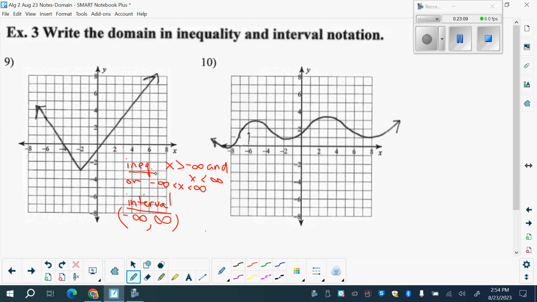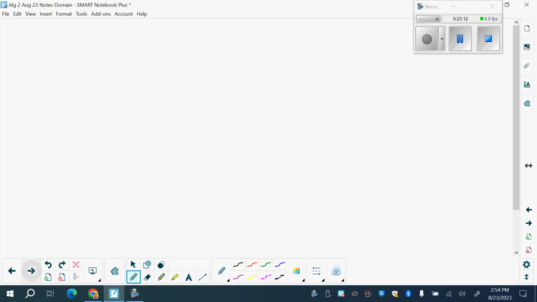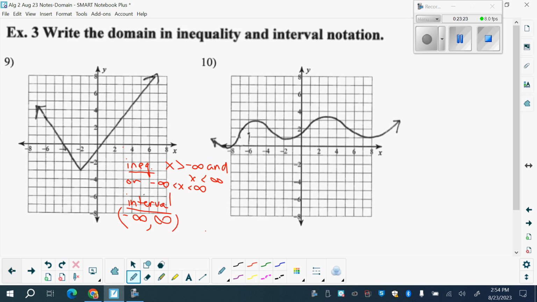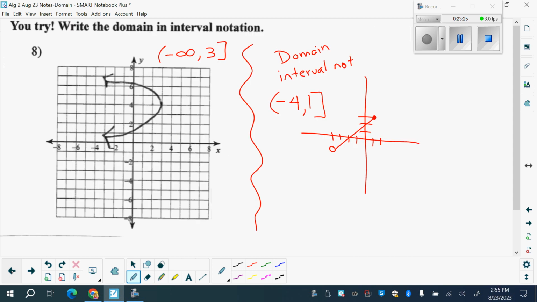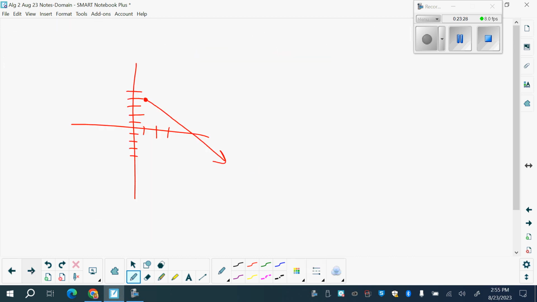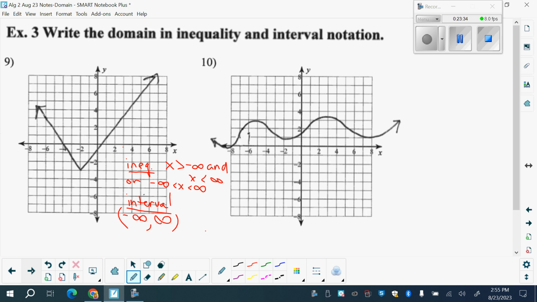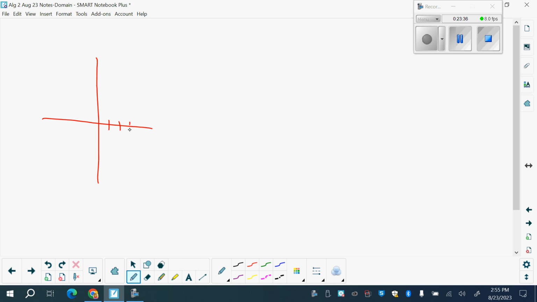Any questions on this before I move on to the very last example?